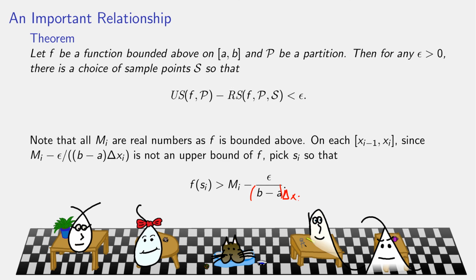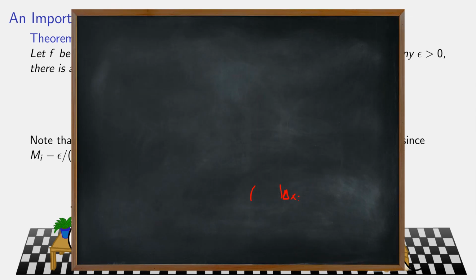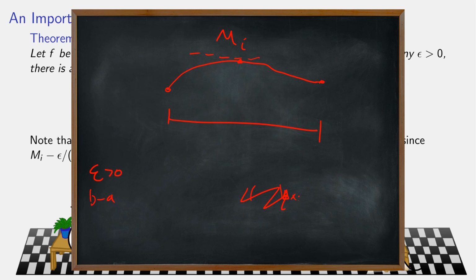Okay. So what's going on here? If I have one piece of the partition, and here is my supremum, Mi. So epsilon was a fixed positive number, b minus a is some fixed amount, and delta xi is some fixed amount. So if I take Mi and I take away this, it will definitely be smaller than capital Mi, meaning this is not an upper bound.